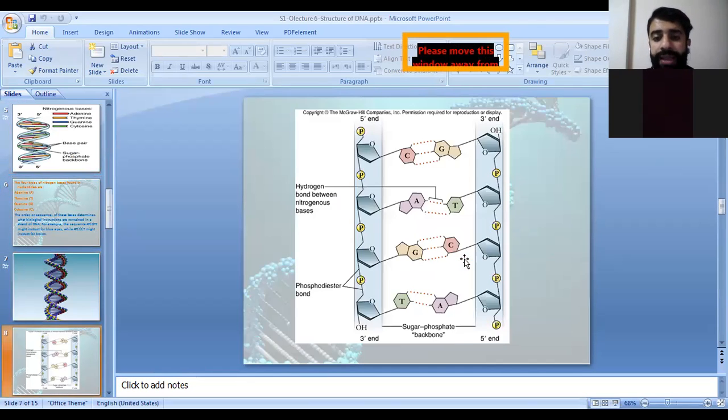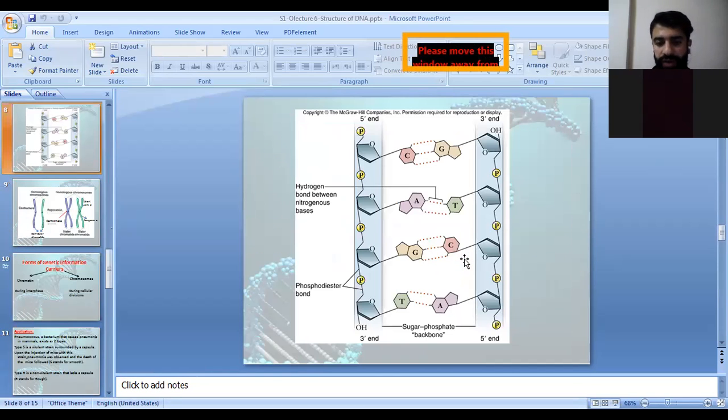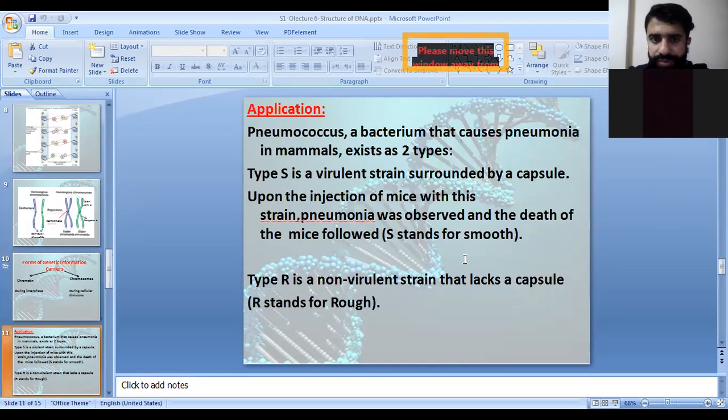The DNA is connected through the sugar phosphate backbone, and we have the nucleotides, and the hydrogen bond between the nitrogenous bases like A and T. Also, the forms of the genetic information carriers are chromatin during interphase, and chromosomes during cellular division.